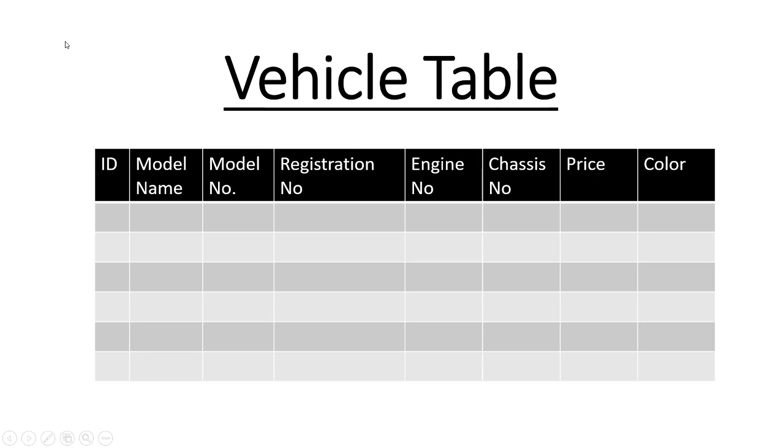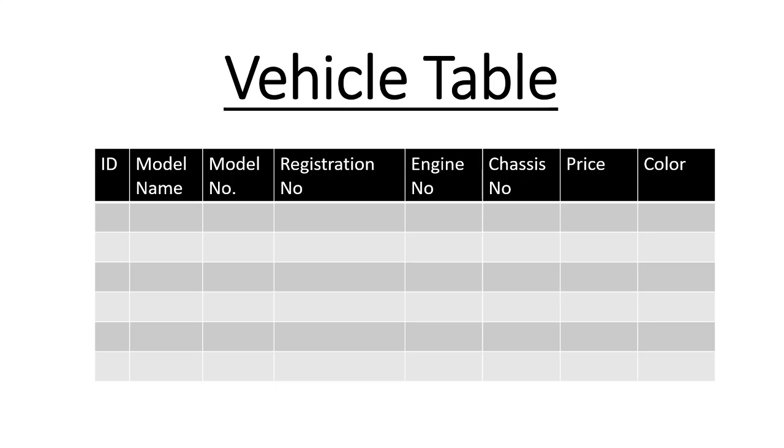Now for example, if I make the registration number the primary key, then the rest of the keys, like the engine number, the chassis number, and the ID, will be called alternate keys.